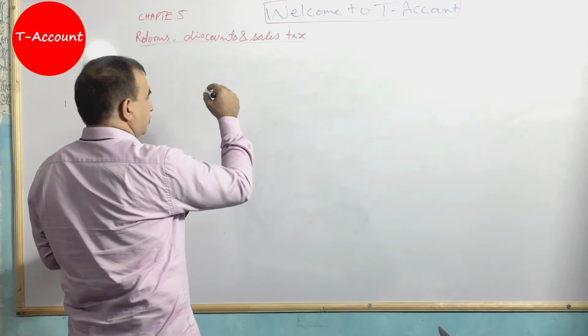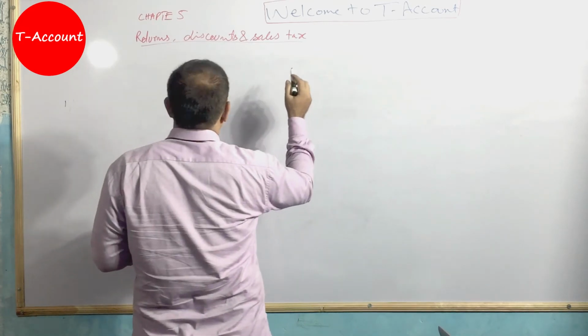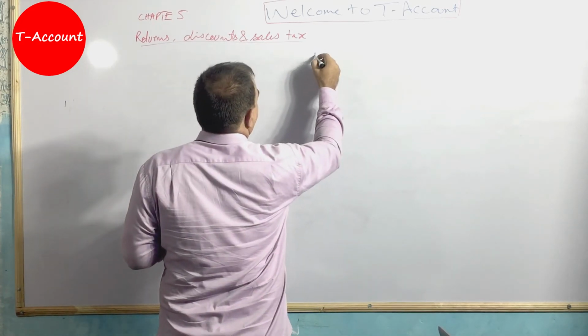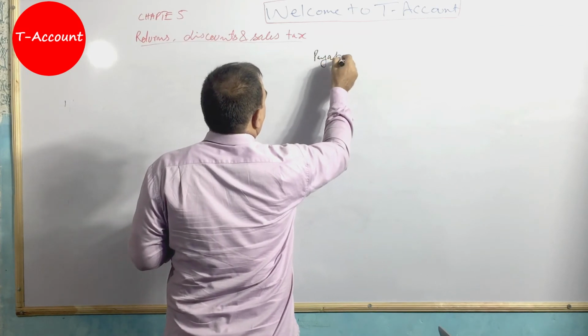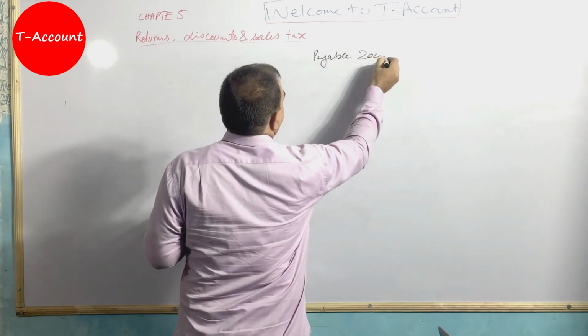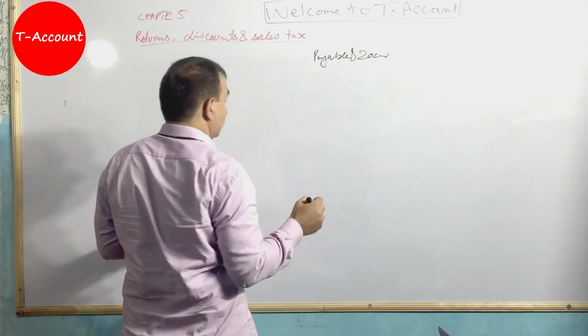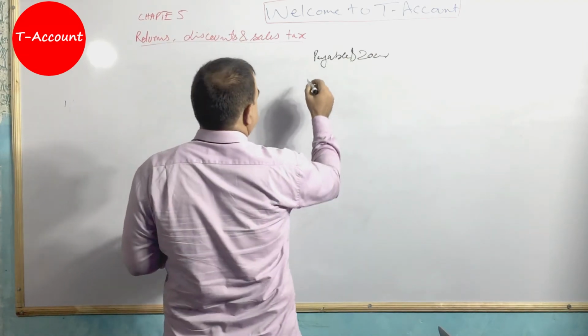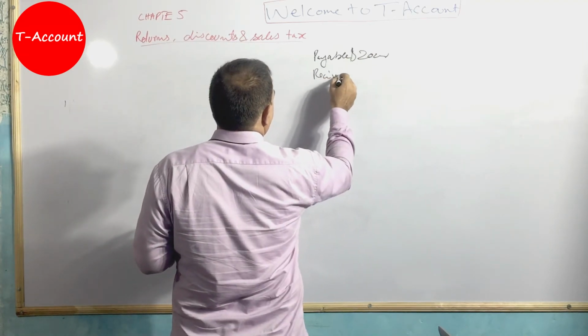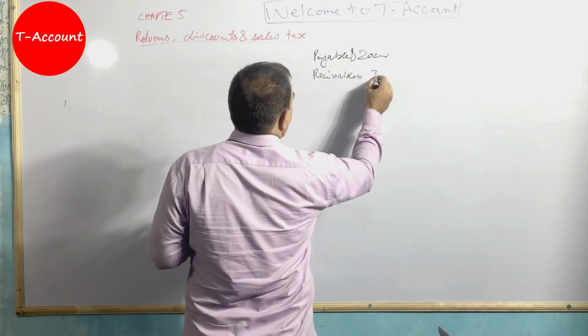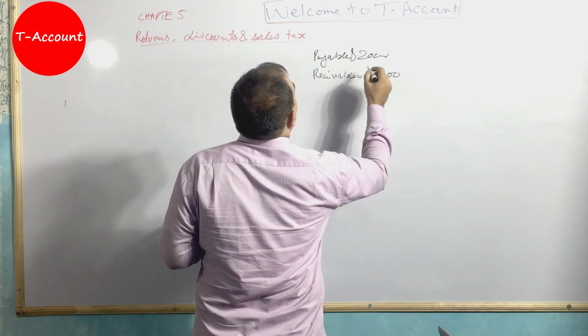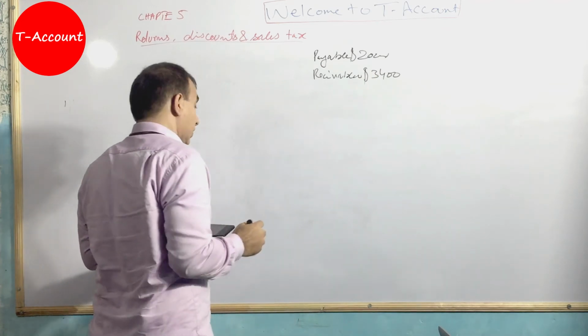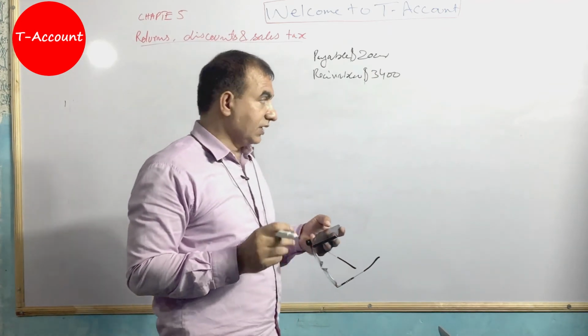We are making the books of George. Now he has payables of $2,000. Okay, and receivables of $3,400.